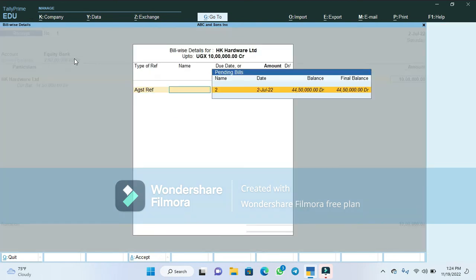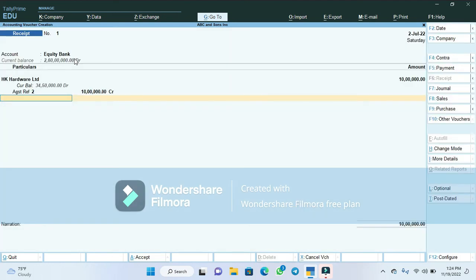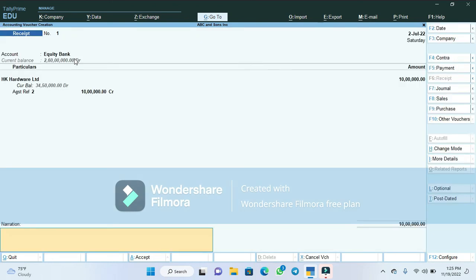Again, it's a reference of 4,450,000. You press enter, enter, enter, and then you can put further details here. For now, I'm going to ignore them, such as the bank name used to pay to our equity bank, etc.